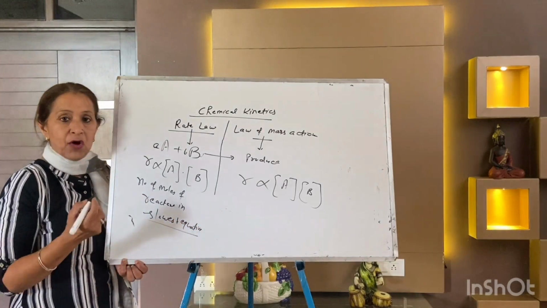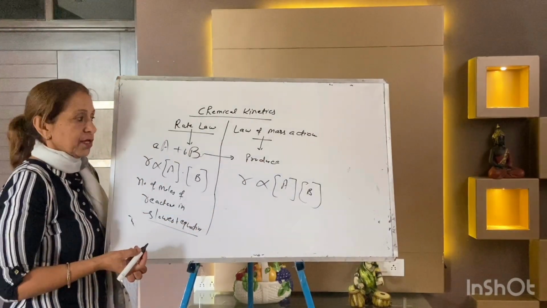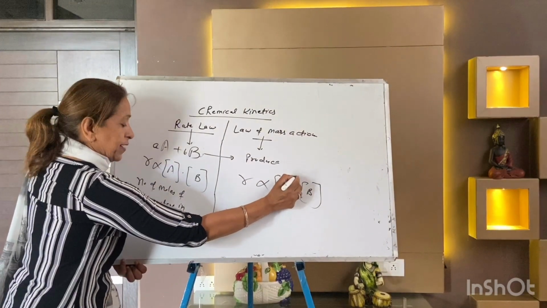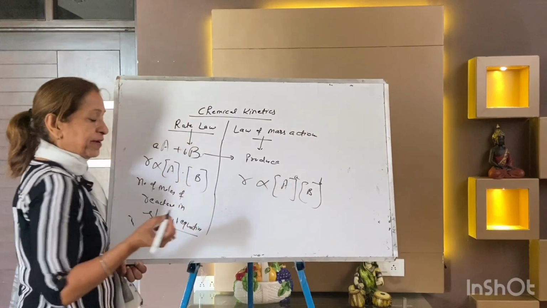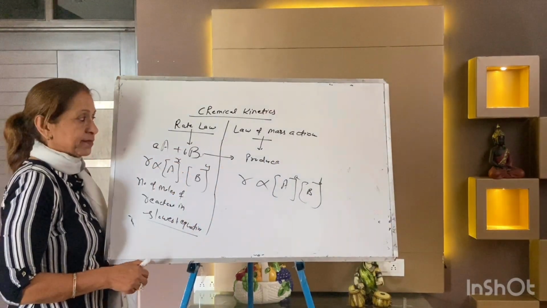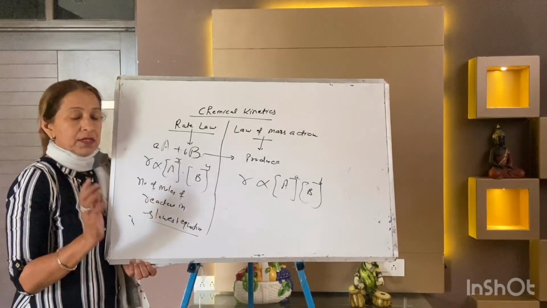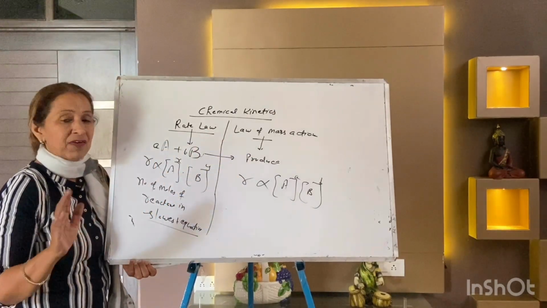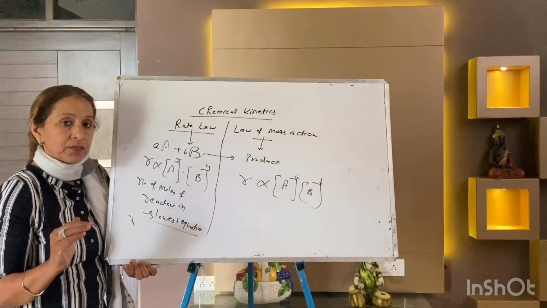And according to law of mass action, the rate of the reaction is equal to the number of moles of the reactant present in the equation, A and B. I am writing A and B here, and X and Y there. Now understand, there are two laws: one is rate law, the second is law of mass action. One by one I am taking them, in a very slow manner. What did law of mass action say?